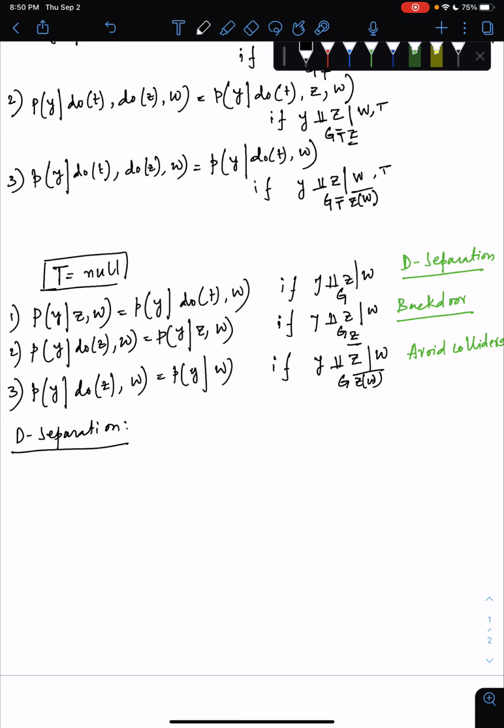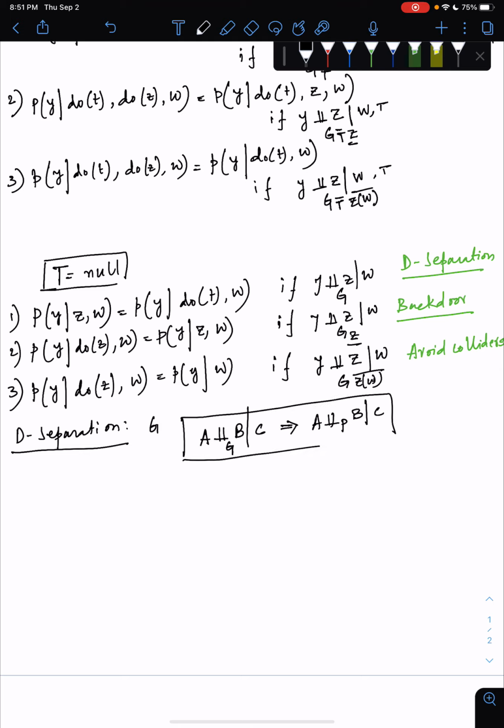So if we are given a particular graph G, and we can say that A and B, these two random variables, are d-separated in the graph by some third variable, this will indicate that A and B are conditionally independent given my third variable.